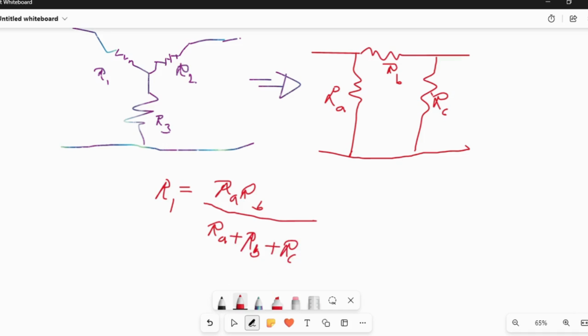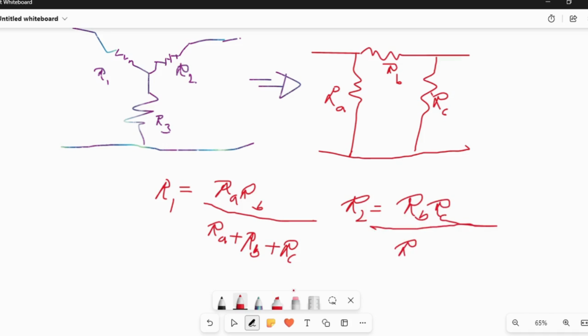So these are the results. Then R2 is RB RC divided by the same sum.